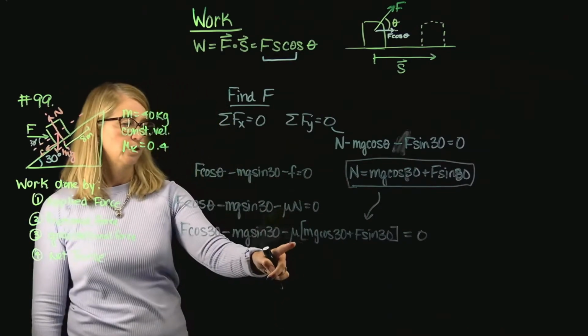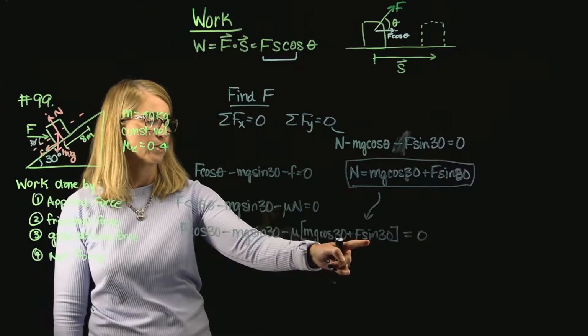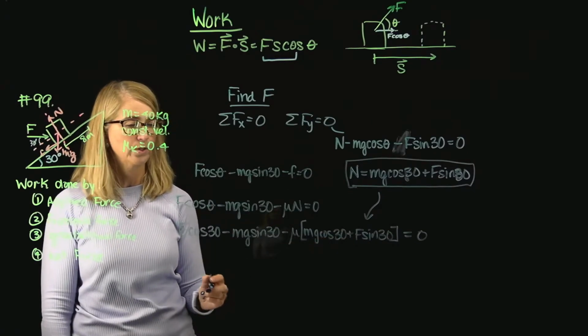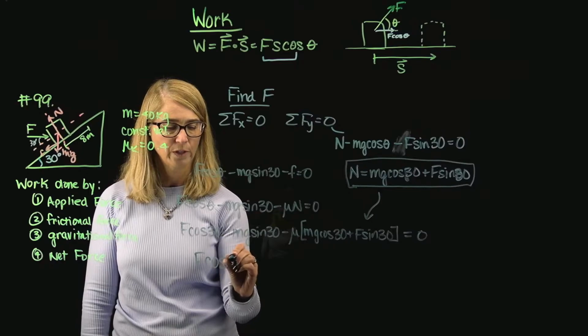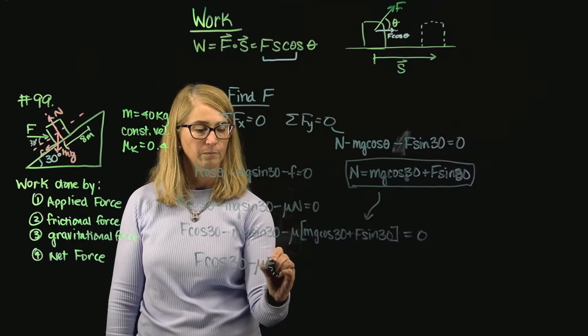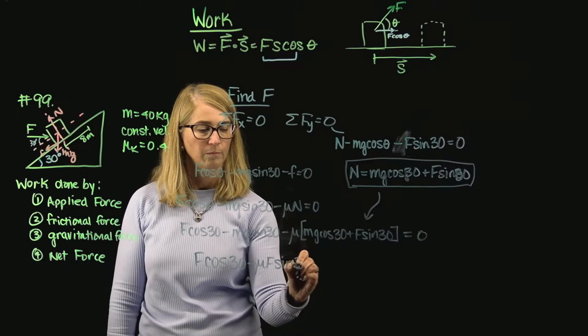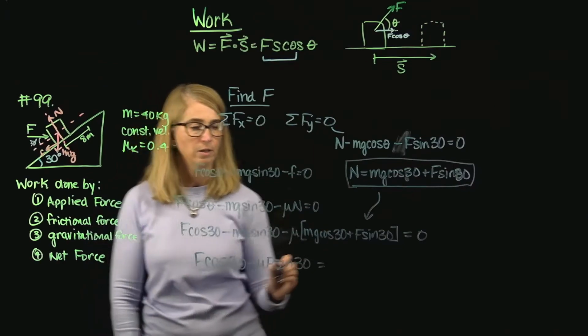To get one of the terms for the force, I'm going to have to distribute this coefficient of friction times the second term, because that has the force in. So I'm going to just put these two expressions that have force in together. And I'm going to put the other two expressions on the other side.